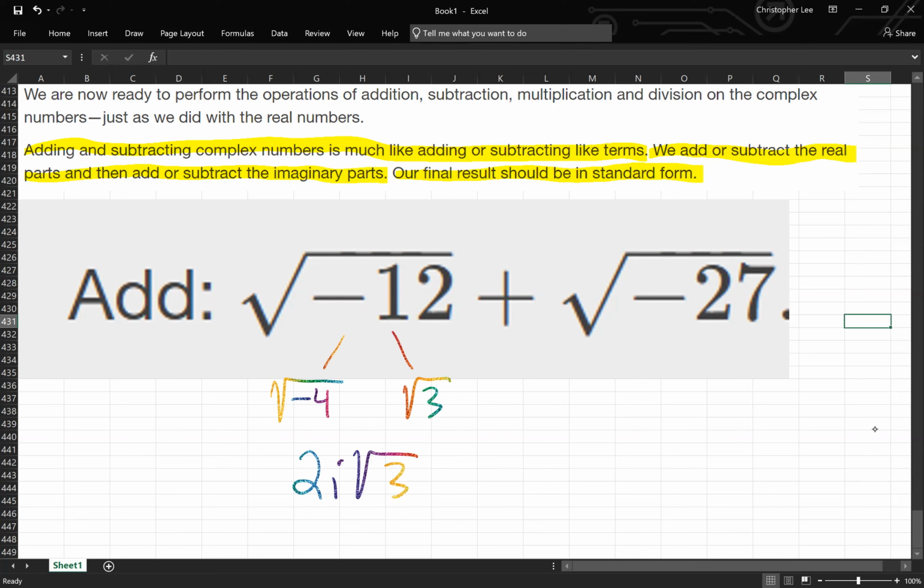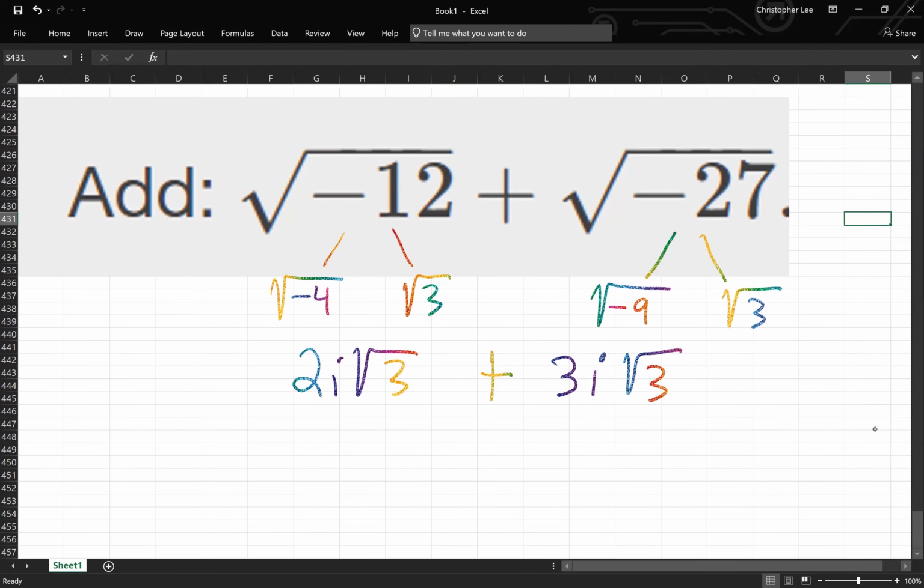And then the square root of negative 27 is the square root of negative 9 times the square root of 3. Now, looking at it, they both have i's, the same index, and the same radicand. I can add these together. So what's my final answer? Exactly. That's it.